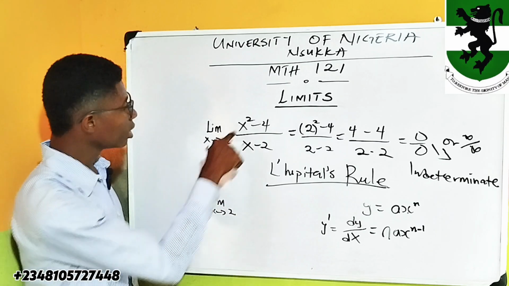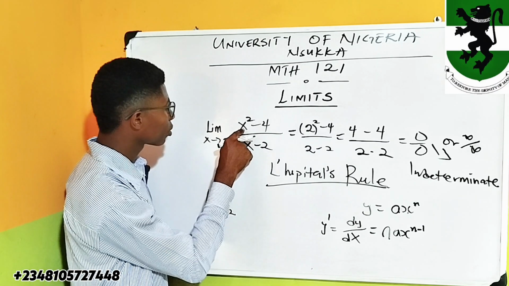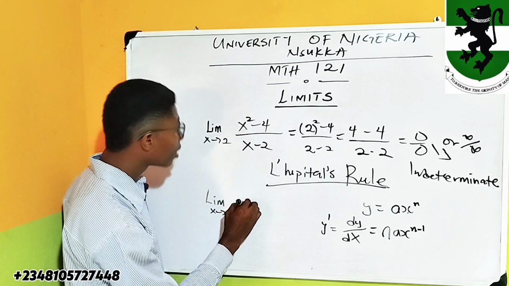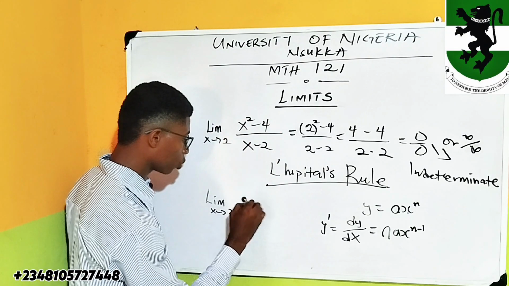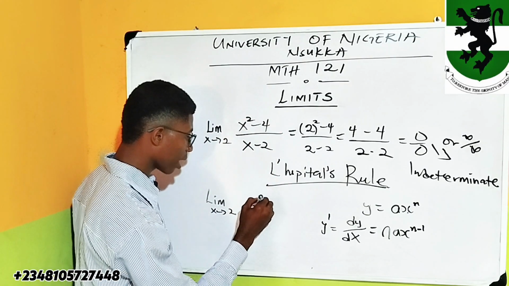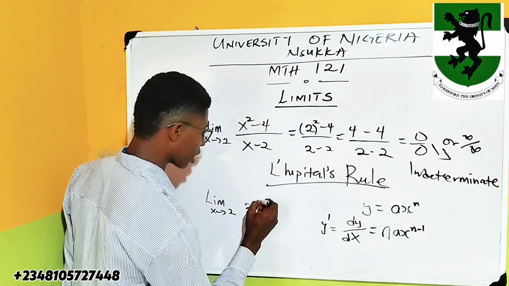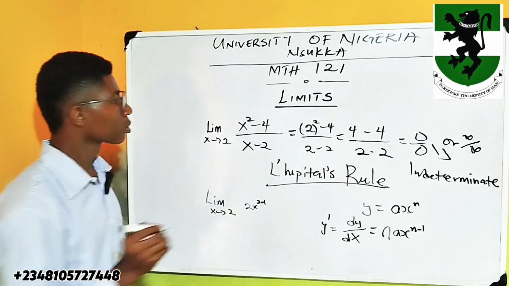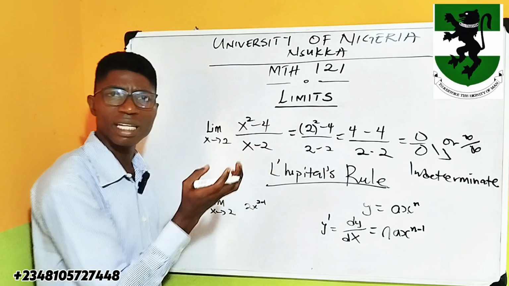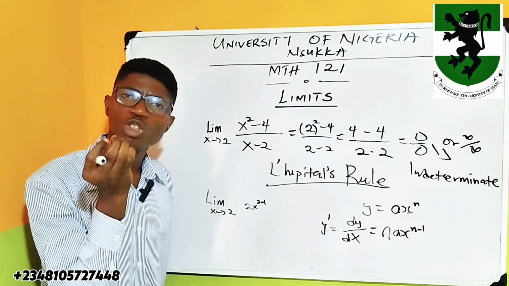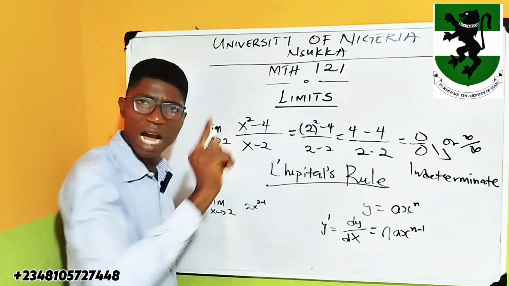So let's apply the rule here. I have x squared, right? So I'm going to have 2 times x, with the power 2 minus 1. Now, minus 4. This term doesn't have x. We are differentiating with respect to x. Minus 4 doesn't have x.